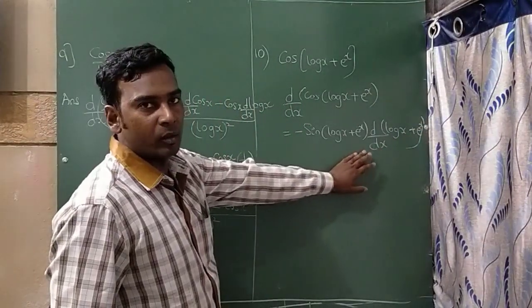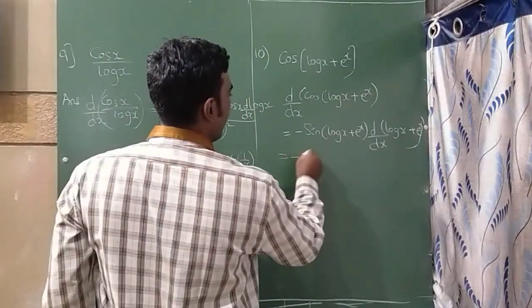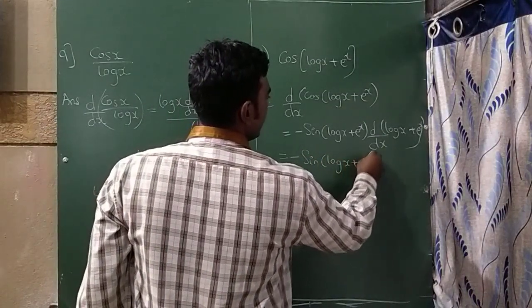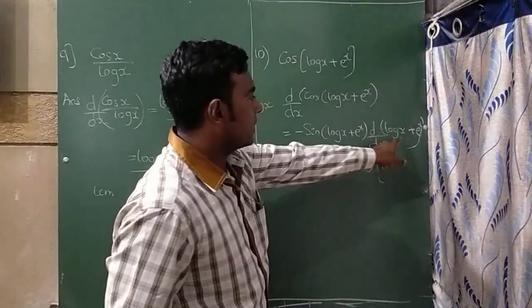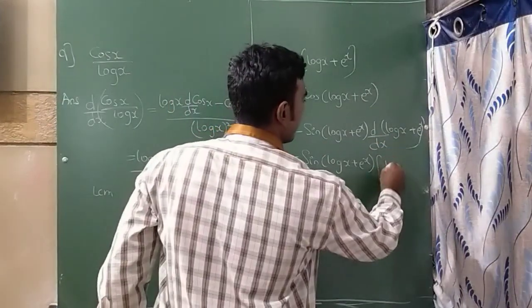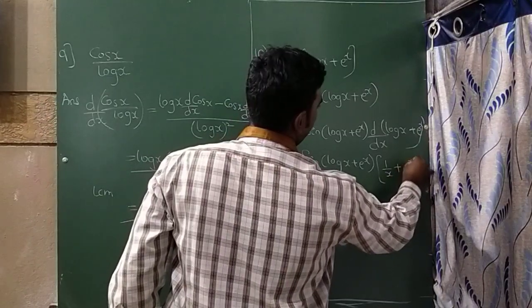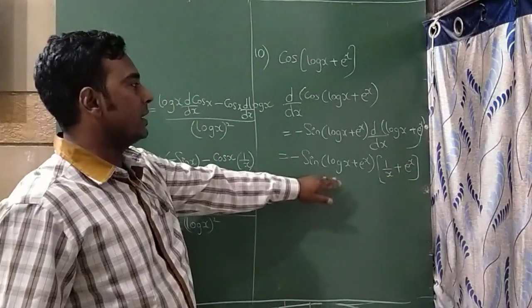This is by chain rule. Okay, so minus sin of log x plus e raised to x, d by dx of log x is 1 by x plus d by dx of e raised to x is e raised to x. You can keep the answer this much.